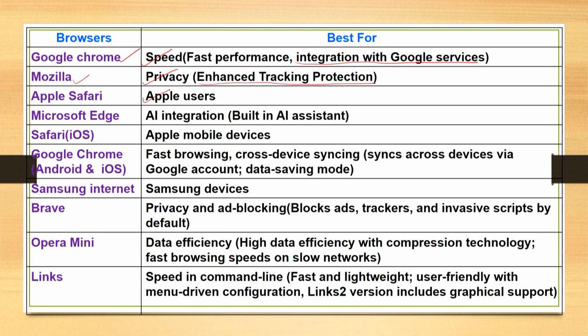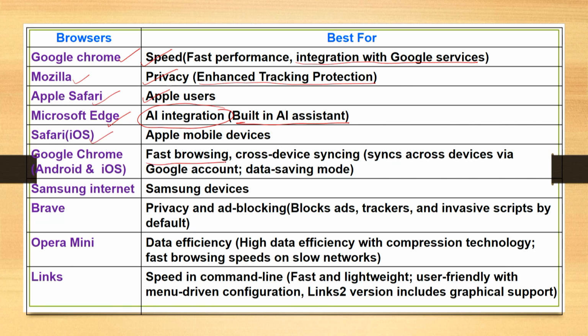Apple users use the Apple Safari browser. Microsoft Edge, if you want to have AI integration, then you go for the Microsoft Edge. For Apple mobile devices, the Safari iOS browser is preferred.